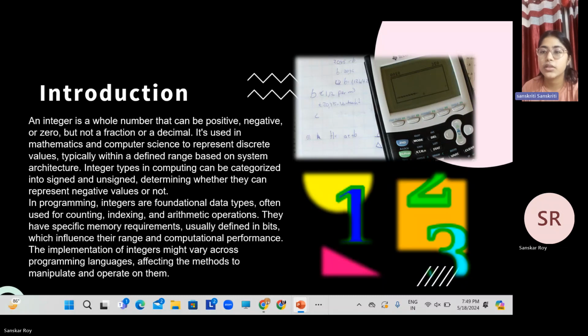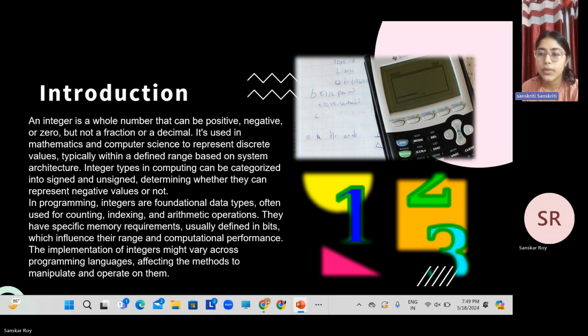An integer is a whole number that can be positive, negative, or zero, but not a fraction or a decimal. It's used in mathematics or computer science to represent discrete values, typically within a defined range based on the system architecture. Integer types in computing can be categorized into signed or unsigned, determining whether they can represent negative values or not.